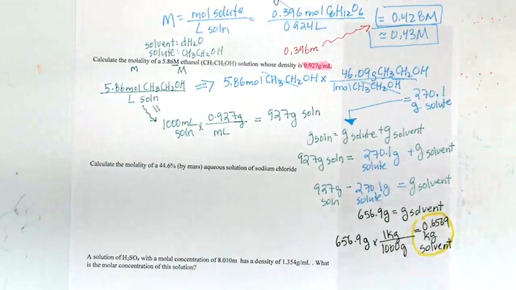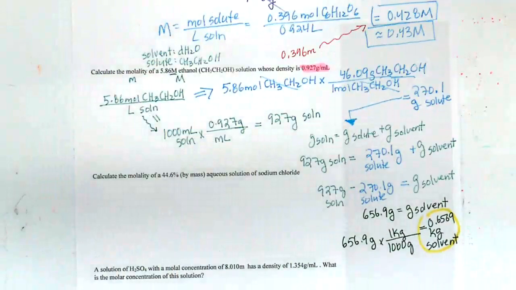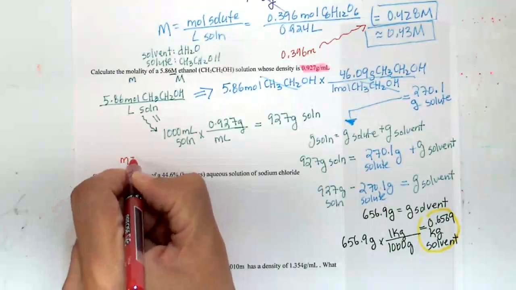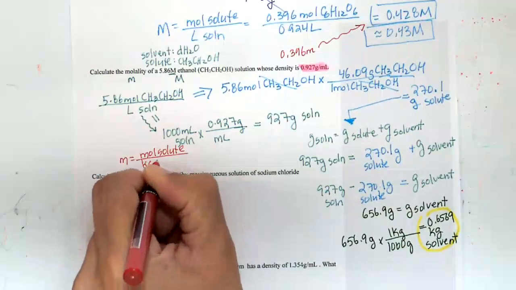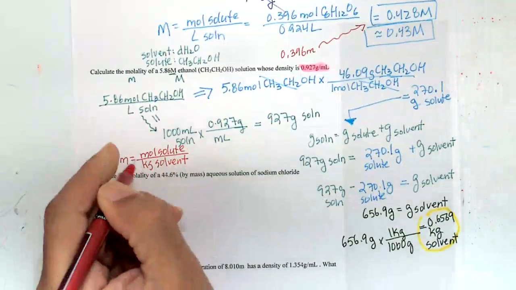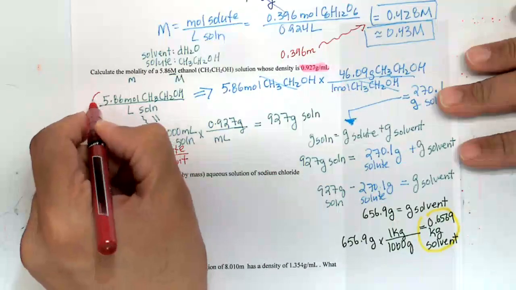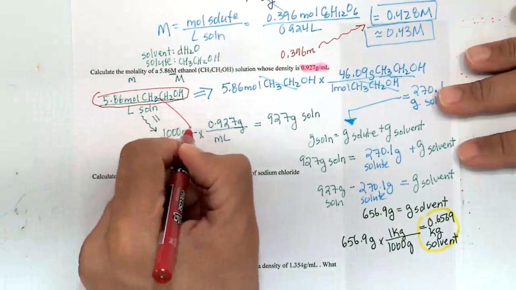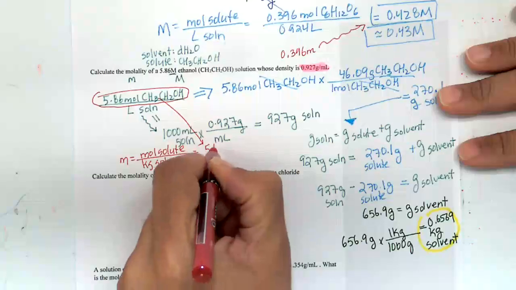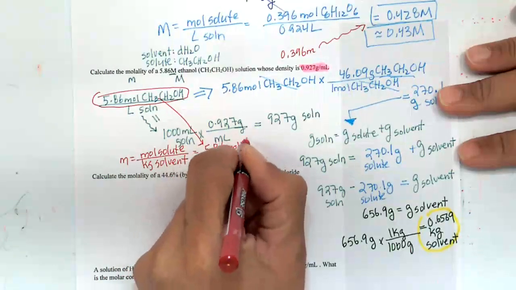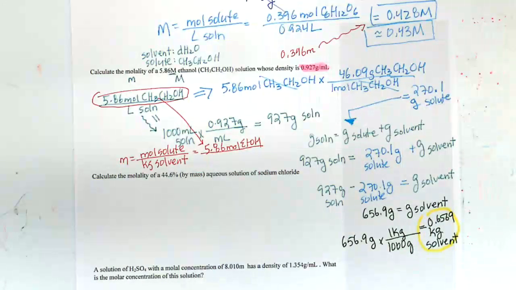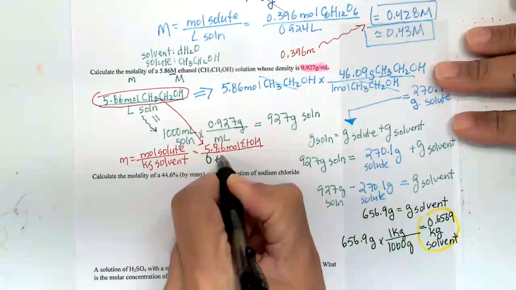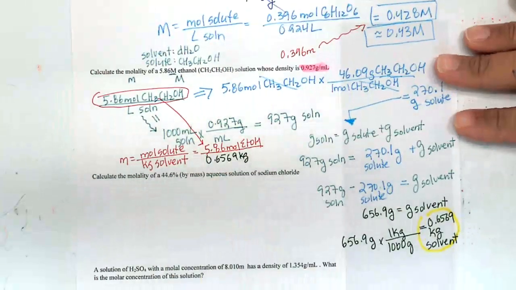So let's remember our definition of molality. Molality, that's what we want to find. The definition of molality is moles of solute divided by kilograms of solvent. Okay, our moles of solute remains the same as 5.86 moles of this ethanol. And we just calculated our kilograms of solvent as 0.6569 kilograms.